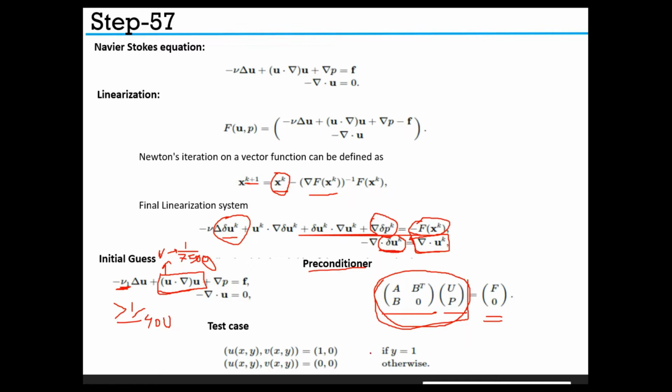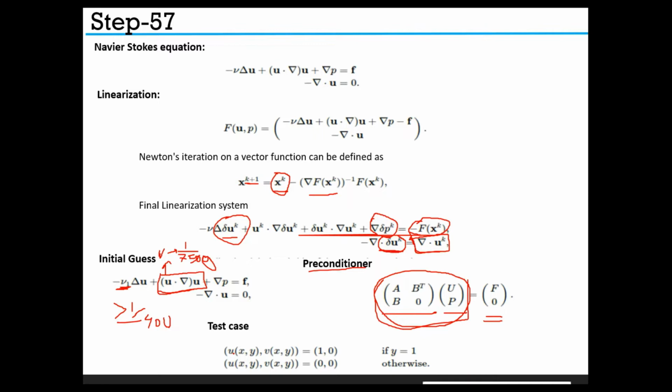So last of all, the test case here. We use the lid-driven cavity flow as in the previous cases. There are some examples of this type of cavity flow in the previous steps.